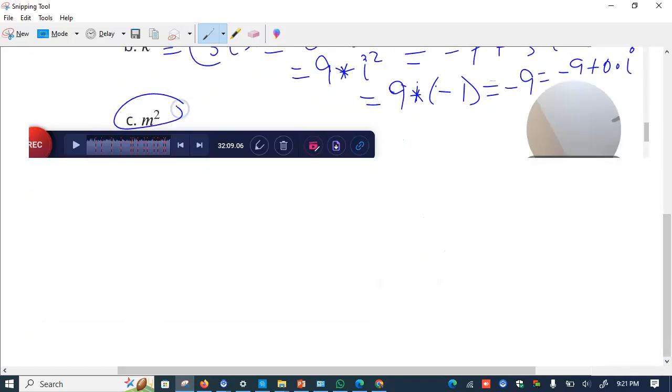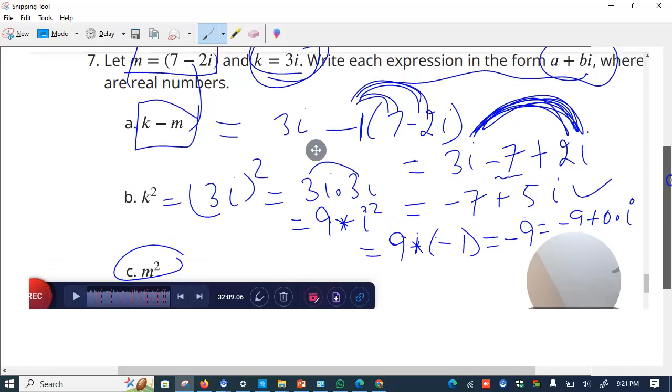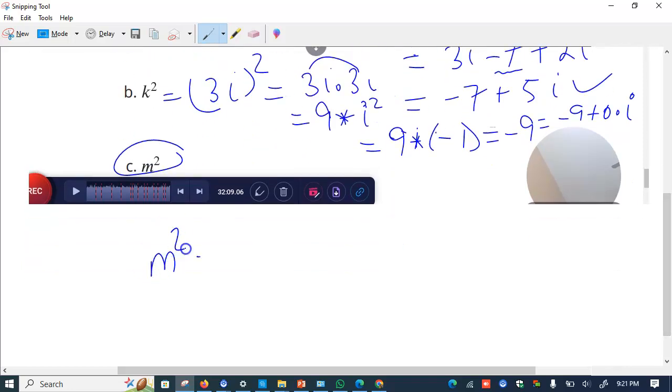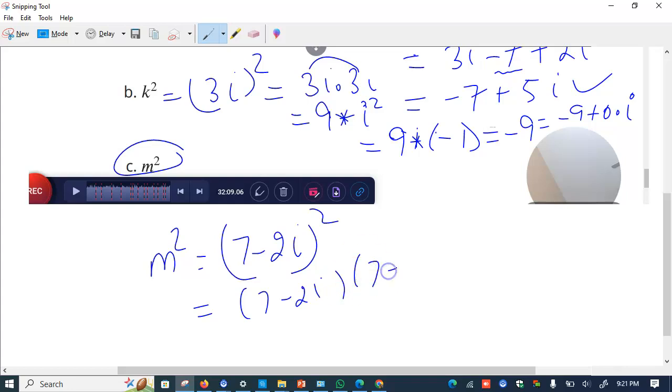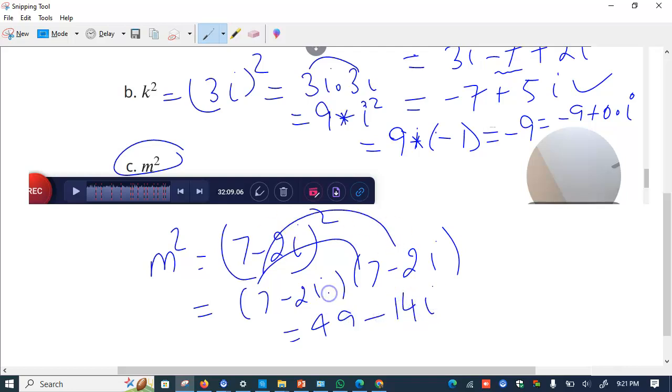And then there is m squared. What is m? It is 7 minus 2i. So m squared is (7 minus 2i) squared. It means you are multiplying it by itself. So 7 times 7 is 49. 7 times this is minus 14i. First, outer, inner, which is minus 28i total.